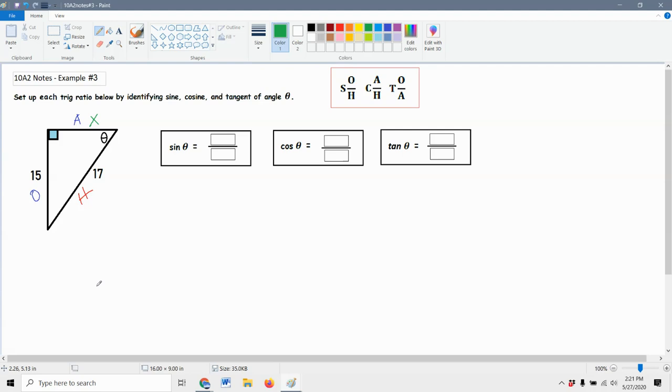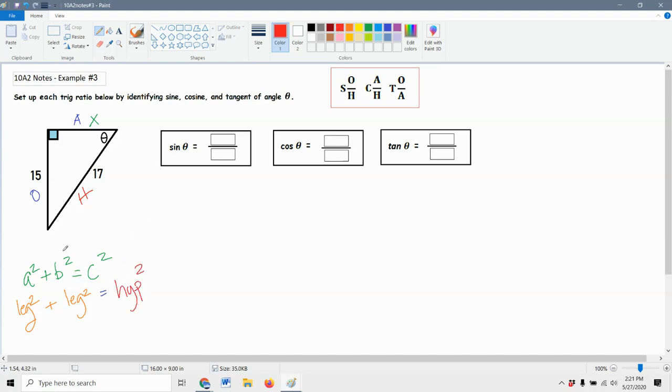Well, that's where 10A part 1 comes in handy, because we know how to find a missing side. We know that the Pythagorean Theorem gives us a formula, a squared plus b squared equals c squared. Another way to put that is to say the leg squared plus the leg squared, doesn't matter which one, equals the hypotenuse squared.